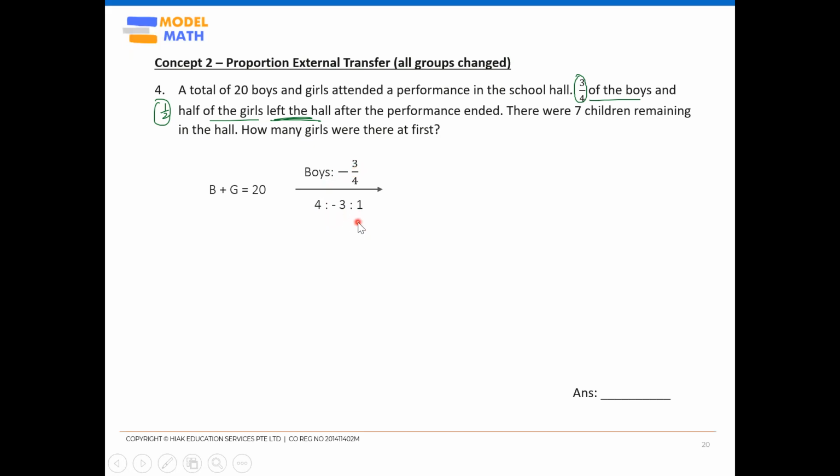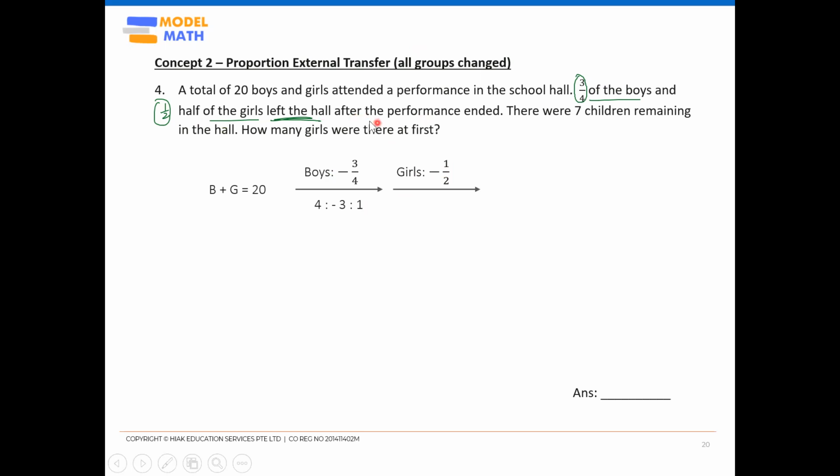We're going to do the same for the girls. So draw another arrow for the girls. Try not to squeeze it in here. Half of the girls leave the hall, so girls minus half. Again, this fraction I can translate to a mini BCA ratio at the bottom here. We're dealing with everything in ratio, although technically this is not a ratio question. We don't see any ratios here.